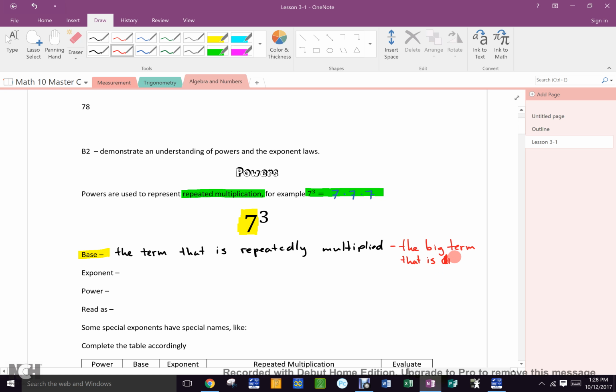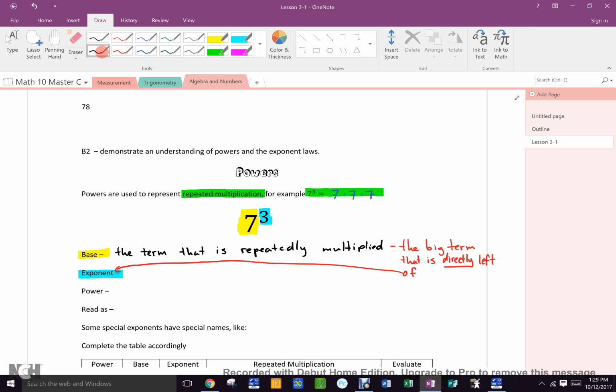That is directly, and please underline the word directly, left of the exponent, which I am now highlighting in blue and going up there.